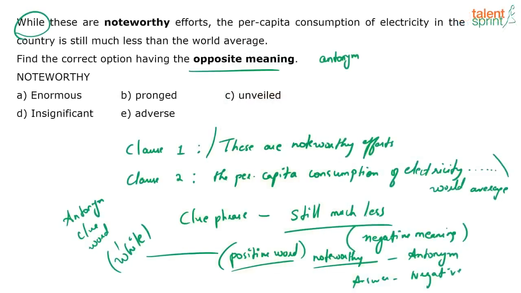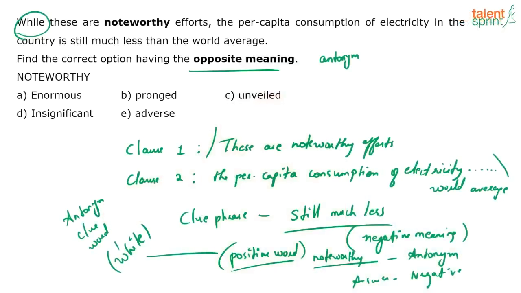I can keep it in the parking lot or even eliminate it because it's very vague. Pronged. What's the meaning of pronged? You see a fork, right? Anything like an instrument which has a piercing thing. A pronged instrument means like a two-pronged fork. Again, an unrelated word. I can safely eliminate option B.